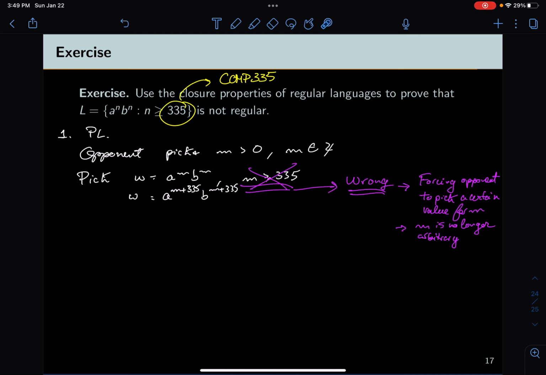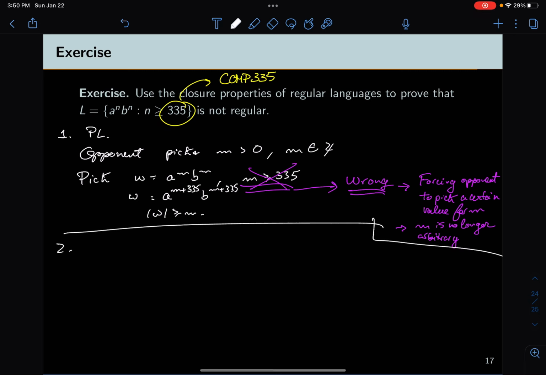It does matter how you pump, more or less, but essentially this restriction no longer needs to be made, because now you've guaranteed that this predicate condition in your language is satisfied: you have at least 335 a's and b's, and m is just so that the length of w is greater or equal to m. Okay, but that's not how we're going to do this proof.